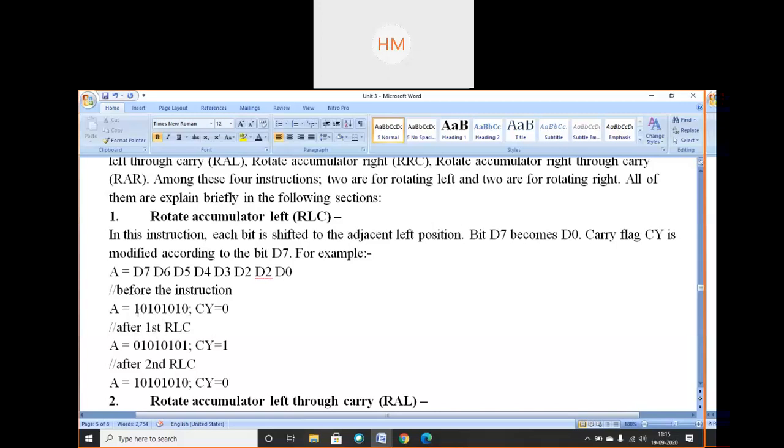And the last 1, your MSB bit, will be stored in the carry flag as well as it will become the LSB bit of the accumulator. Clear? After second RLC, carry flag will be 0 and again you will get the same data as your first one. Okay? Any doubt?